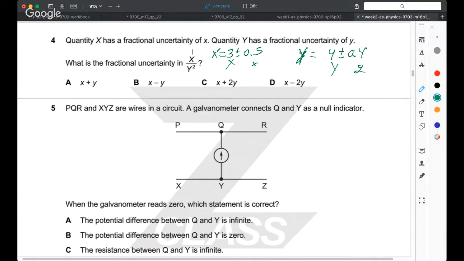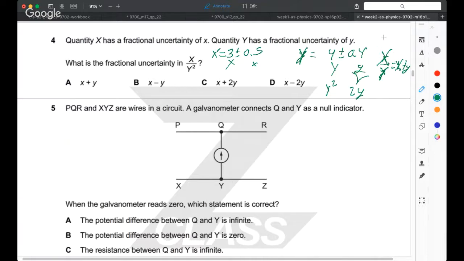So when you have a power, when you put the big Y to a square, the uncertainty is going to be 2 times the small y over y. And when you have, for example, x over y, you have to add the fractional uncertainties, small x over x plus small y over y.